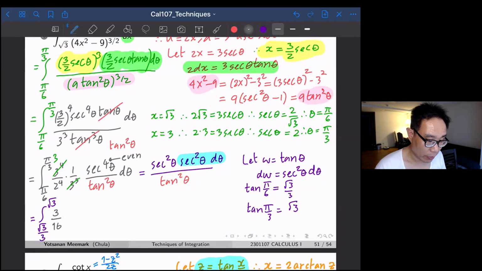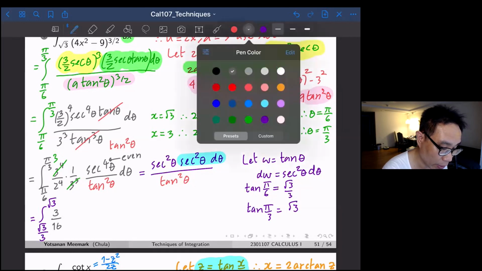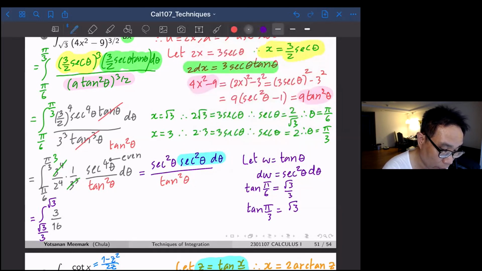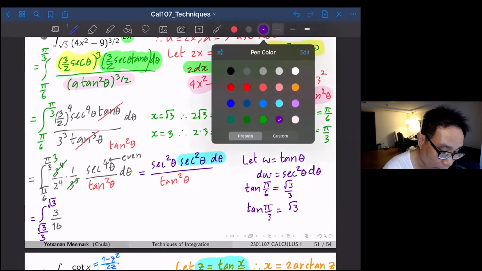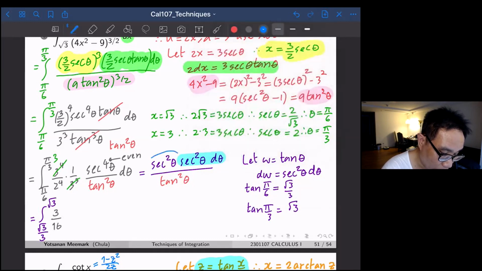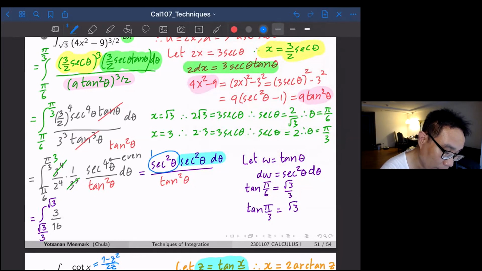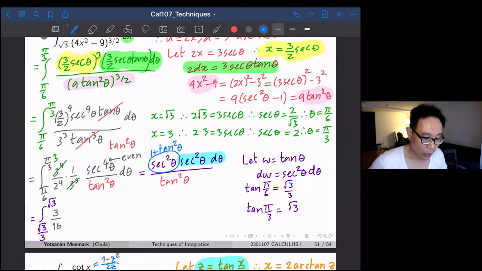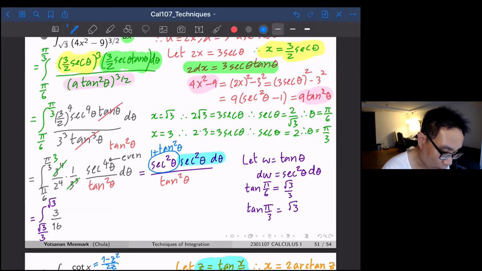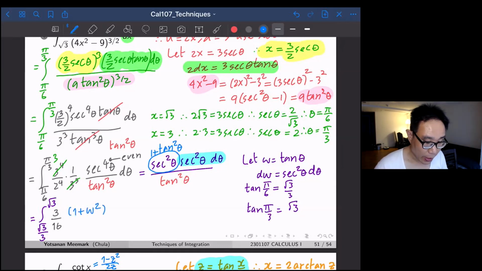And you have secant squared, the last term that I will manage. Secant squared here is 1 plus tan squared. Step by step, so this is 1 plus tan squared, so it's going to be 1 plus w squared.